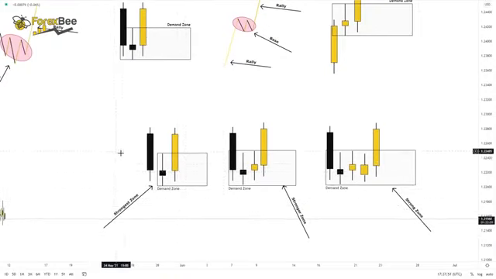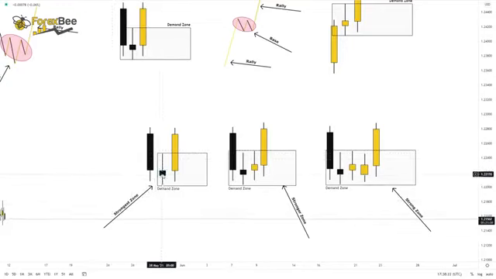The strength of a zone depends upon how many base candles are there in between two big candles. If the number of base candles is large, the zone is weak, and if the number of base candles between two big candles is less, then the zone is the strongest one.